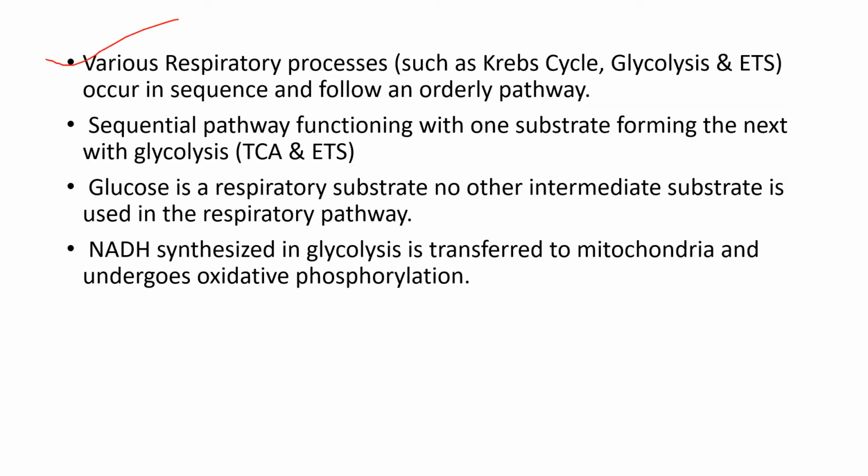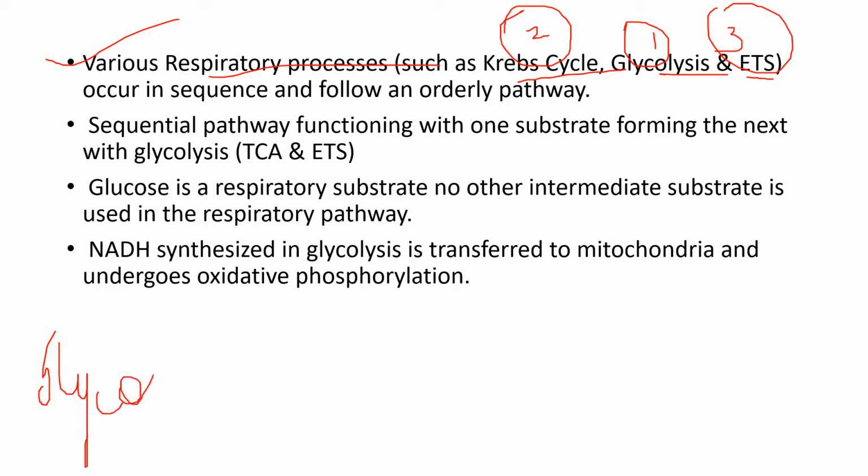There are various respiratory processes such as Krebs cycle, glycolysis, and ETS. I have already told that the process works in this way: the glycolysis cycle first, then the citric acid cycle, and then the ETS. When the glycolysis cycle occurs, the end product is pyruvate.